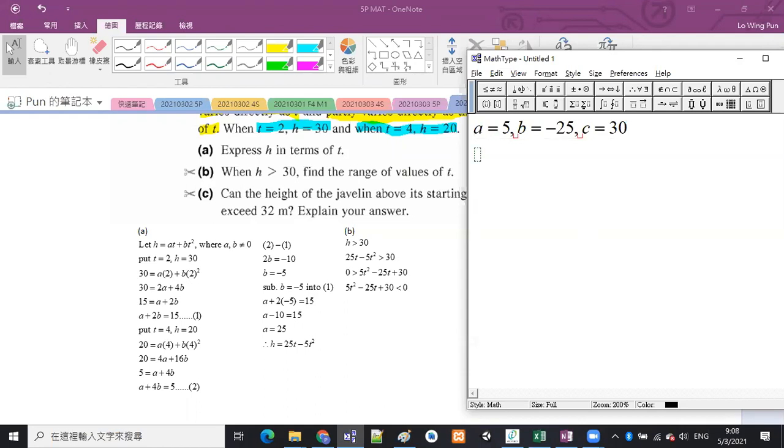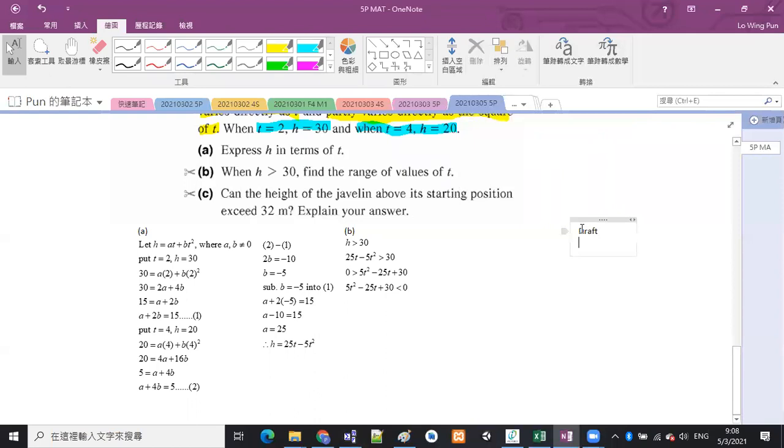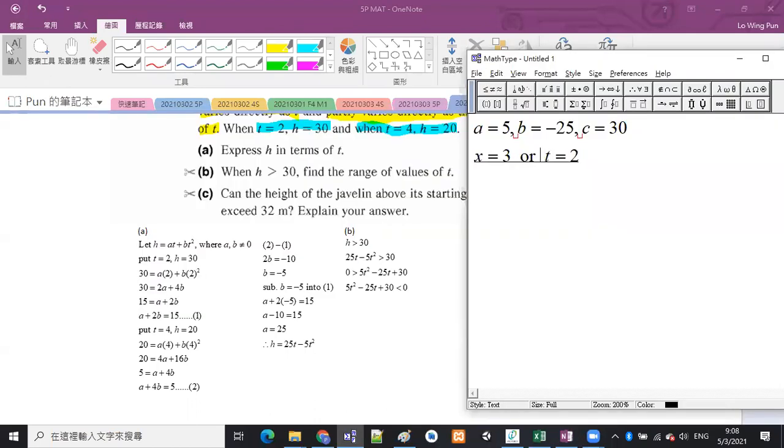Formula 1, 5, negative 25, and then 30. And X should be 3, or 2. But this time it is not X, it is T. So just write T. Don't write X.